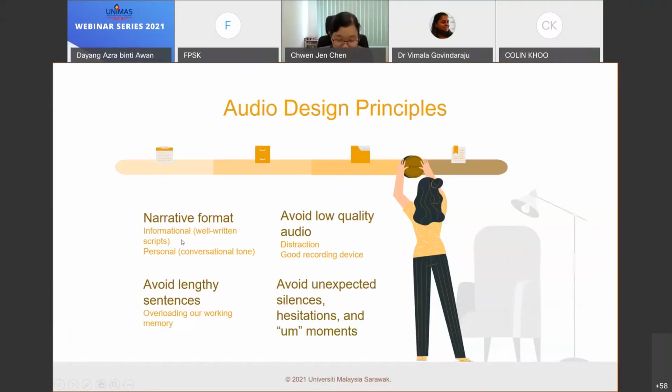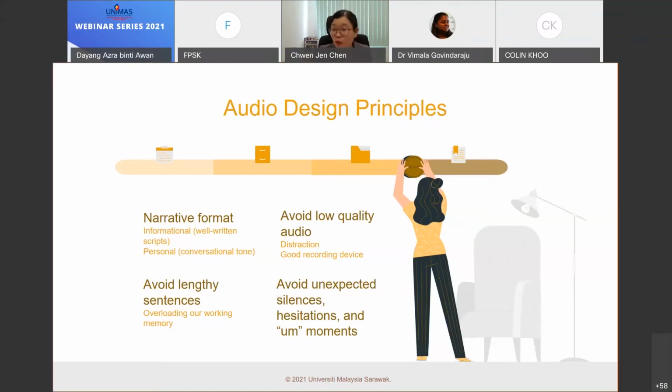Depending on the type of narrative, if you want to deliver an informational narrative in a very formal way, maybe we can prepare a well-written script so that the narrative can be delivered smoothly. That's especially so if you have pre-recorded teaching videos.